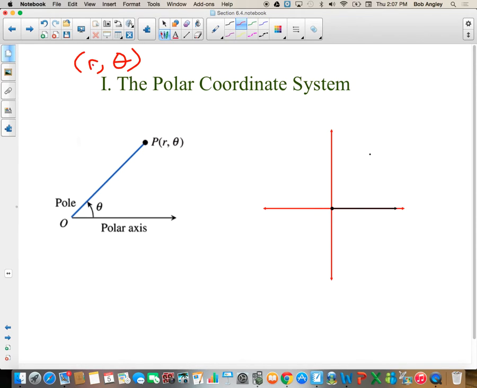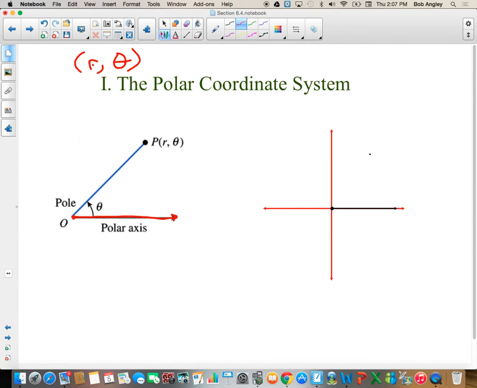So this is a distance and this is an angle. And so if I'm going to graph in the polar coordinate system by hand, this is what happens. We draw a ray that goes in what I will refer to as the 3 o'clock position.